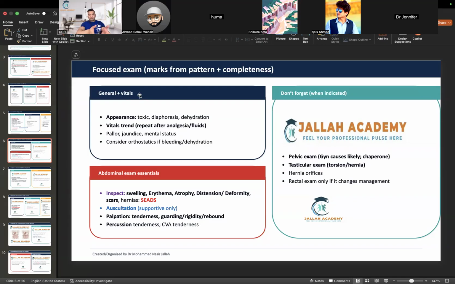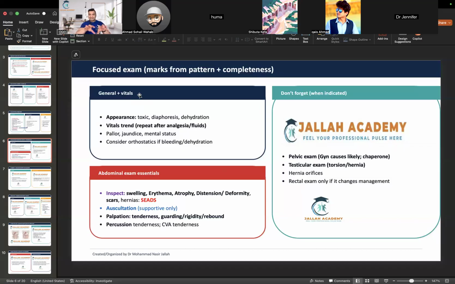For example, for the abdomen, distension, right? Deformity for other areas, like joints or bone area. Face, deformity, right? And distension. And then scars from previous surgery, and hernia. It's up to you if you want to mention it; if you have it, report it.